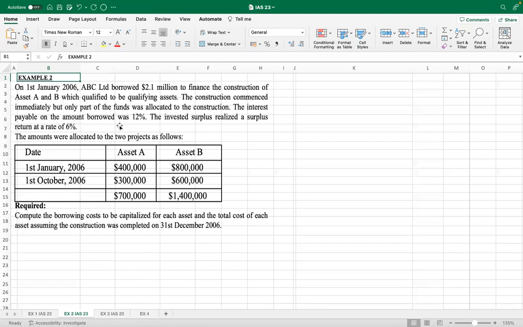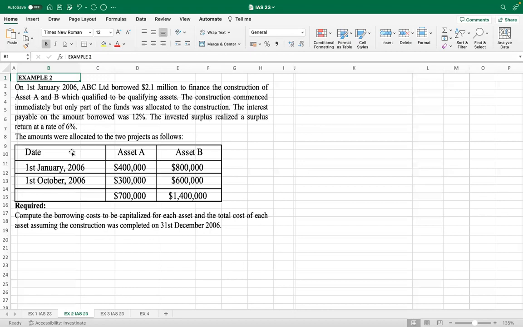What did we say? Any return on investment reduces the amount of borrowing cost to be capitalized. So the 6% return will reduce the interest to be capitalized.